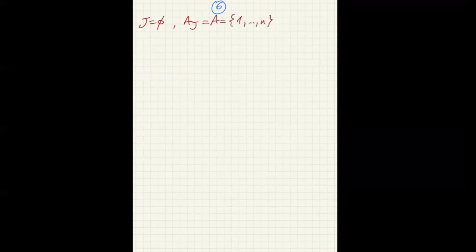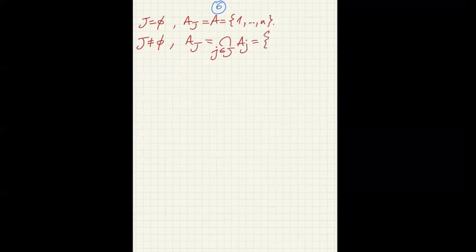So let's calculate these AJs. As before, if J is the empty set, AJ is our set A, which is the set 1 all the way up to n. Now, if J is not empty, then AJ is going to be the intersection over all j in J of Aj. And what is that?